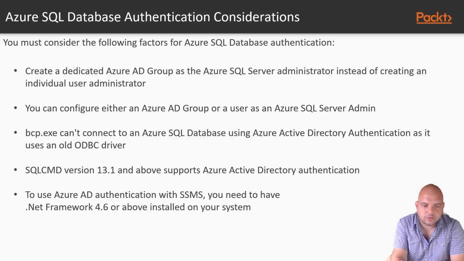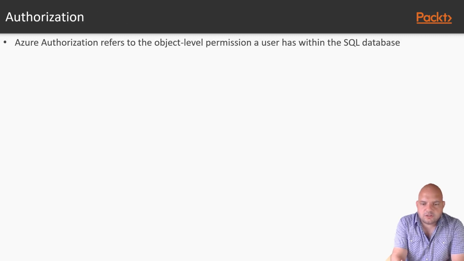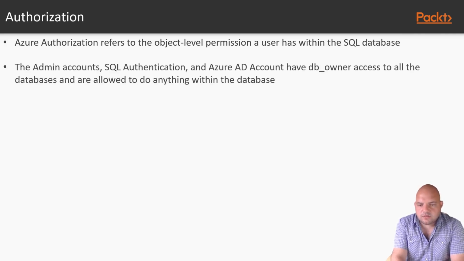Authorization. Azure authorization refers to object level permission a user has within a SQL database. For example, a user may have access to read a set of tables and read-write on another set of tables. The admin accounts, SQL Authentication and Azure AD account have DB owner access to all the databases and are allowed to do anything within the database.